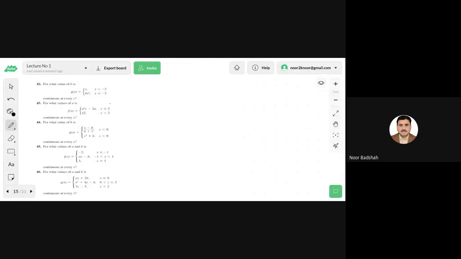Same thing here. Check left hand limit, right hand limit at x equal to 2, and then equate them to get the value of a. Similar situation here. Find left hand limit and right hand limit at x equal to 0. In 45, we are having a and b both, and there are 3 splittings.